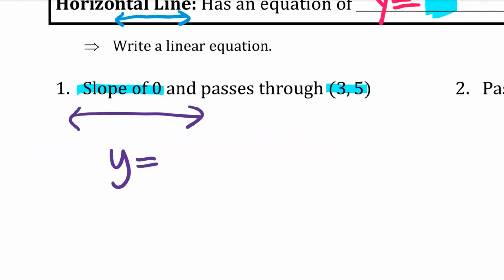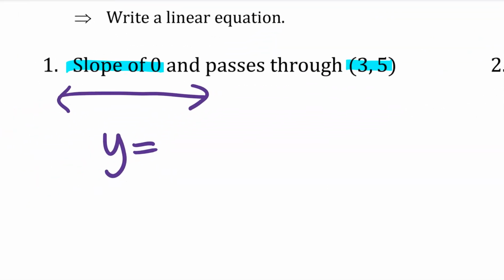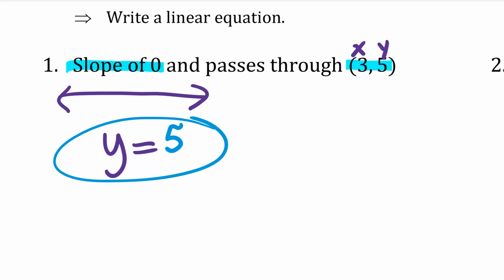Now, if you only get a point, remember that every single point has an x and a y. So if my y is 5, then all I have to do is put the 5 in there, because all of the y's are going to be 5 no matter what on that line. So this would be my answer.